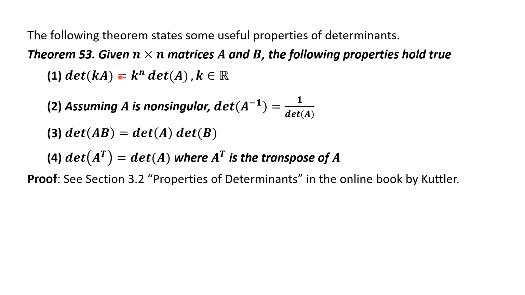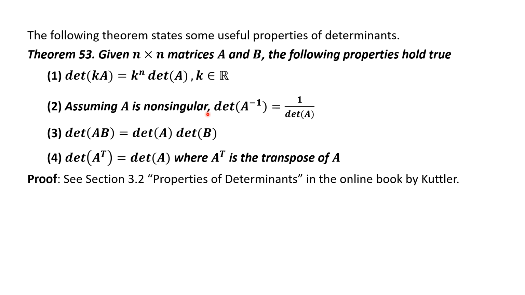The first one we kind of already know, because if you factor out a constant from a row, it's just k times the determinant. So if you multiply k times A, remember that's times every row in A, and so of course you would get k to the n. So we kind of prove this first one from the definition.